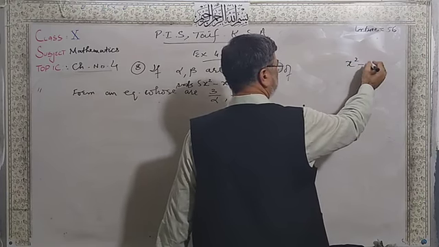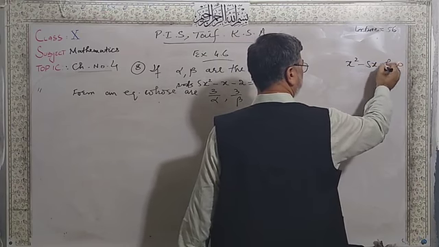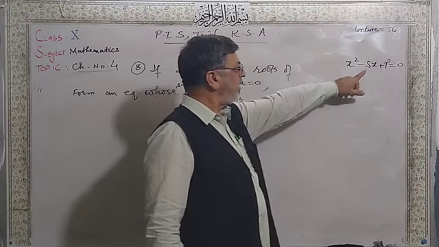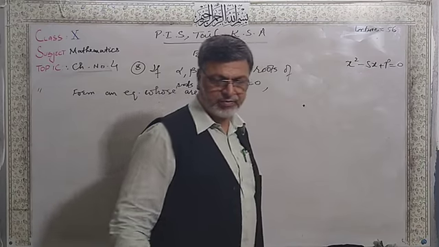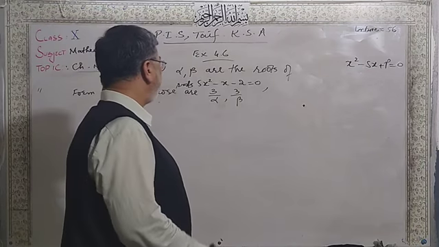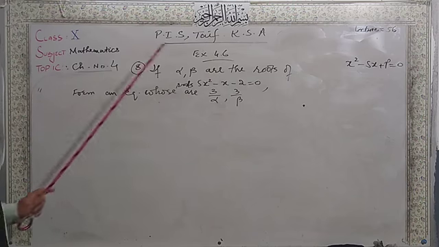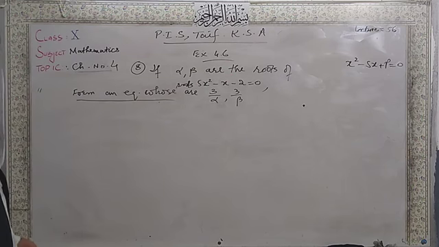This equation is x square minus Sx plus P is equal to 0. Dear students, this is our required equation in which S means sum of roots and P means product of roots.